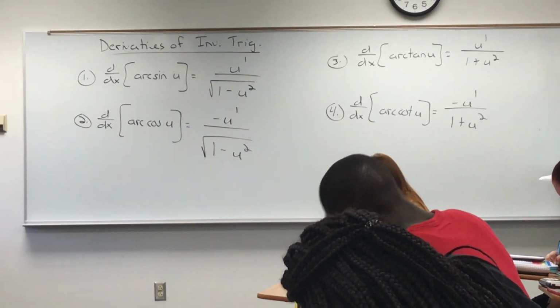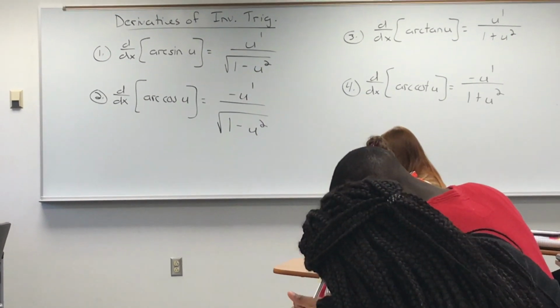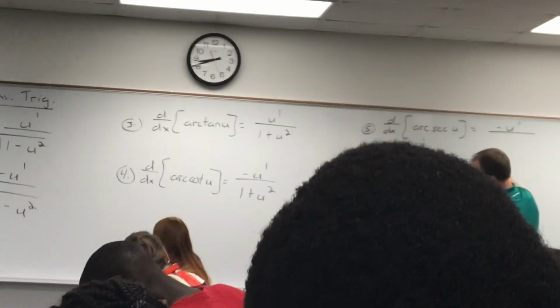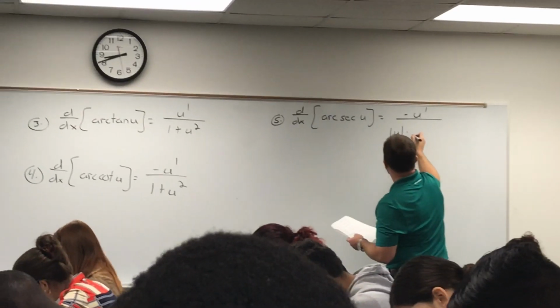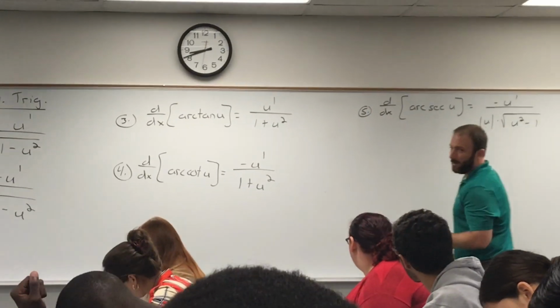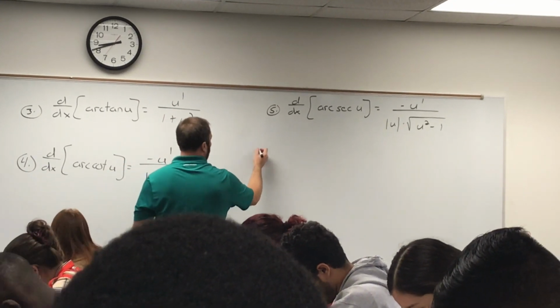Of arc secant u. What's a little bit weirder still is negative u prime over absolute value of u times the square root of u squared minus 1. A little bit longer.